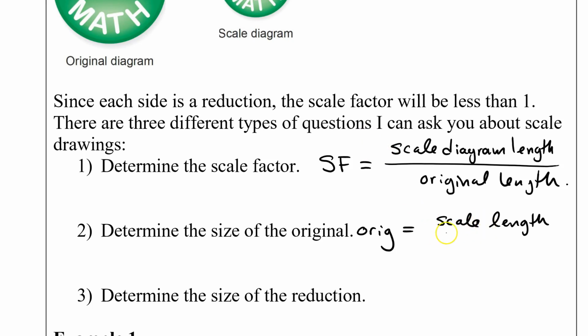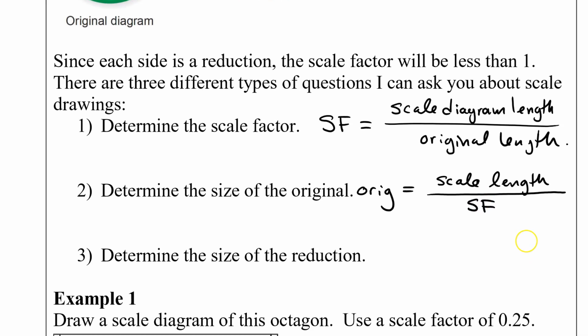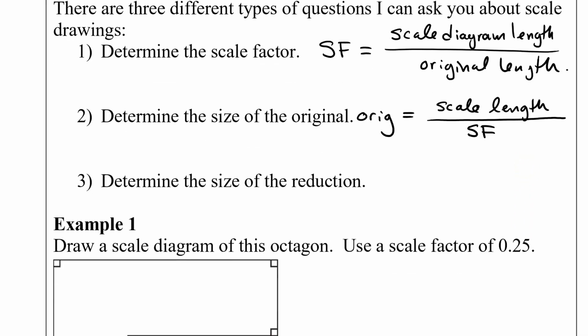So the scale diagram length divided by the scale factor. And last but not least, determine the size of the reduction. So I'm going to take the original, multiply it by your scale factor, and you're going to get your scale length.